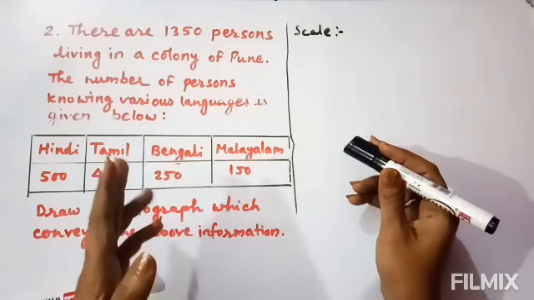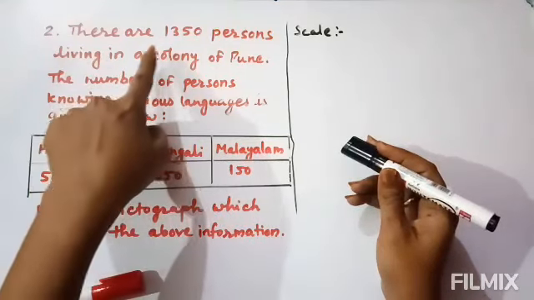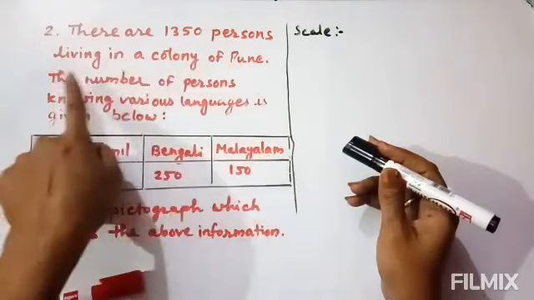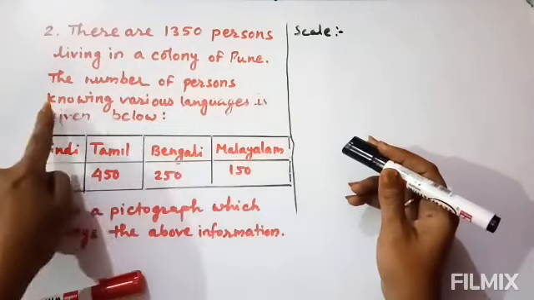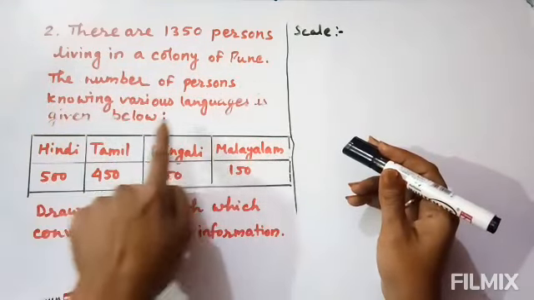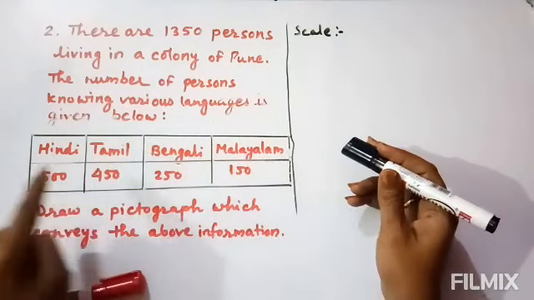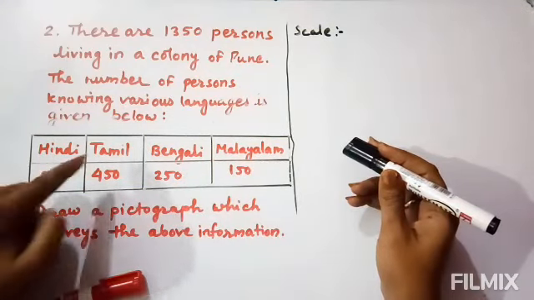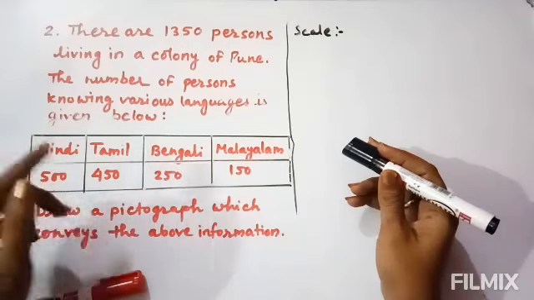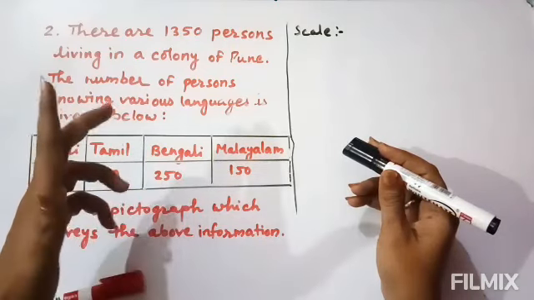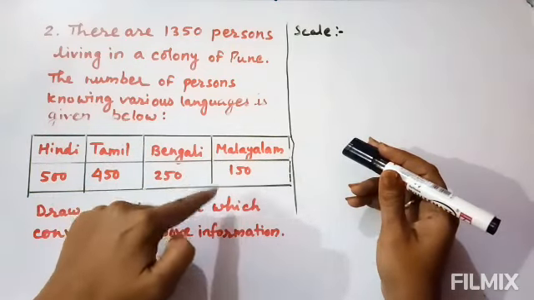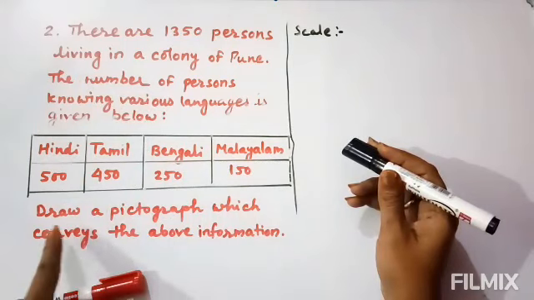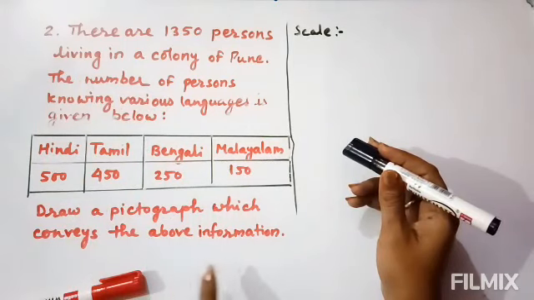Similarly, we will solve another question. There are 1350 persons living in a colony of Pune. The number of persons knowing various languages is given below: Hindi 500 persons, Tamil 450 persons, Bengali 250 persons, Malayalam 150 persons. Draw a pictograph which conveys the above information.